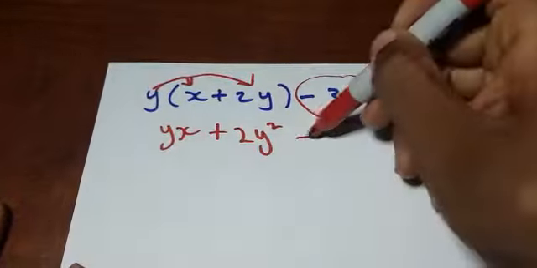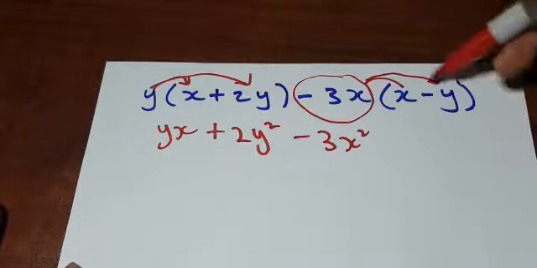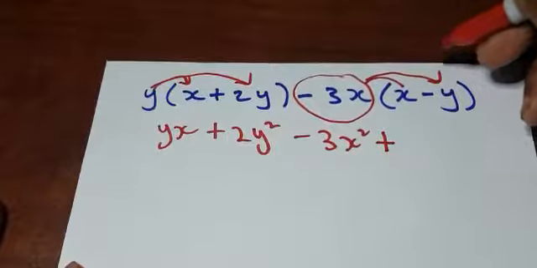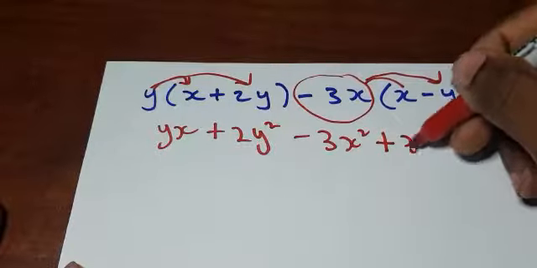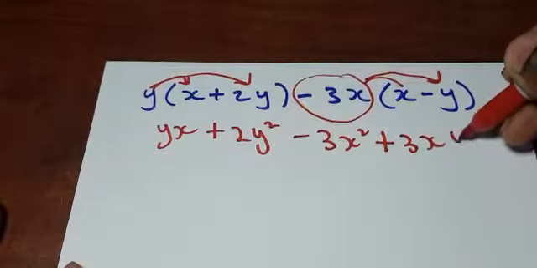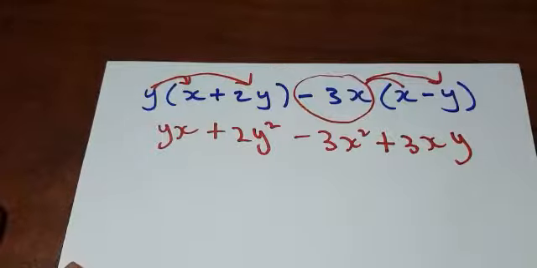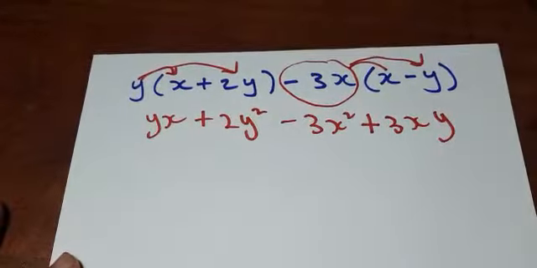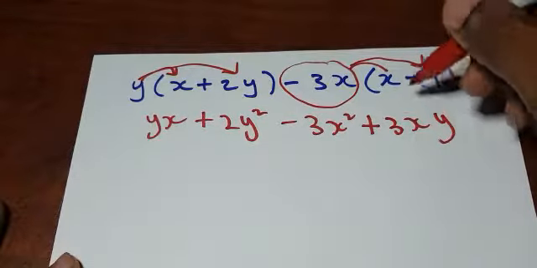And then minus 3x times minus y, that's positive. Negative times negative is positive. So that's positive 3xy, right? Then we look to see where we can simplify.